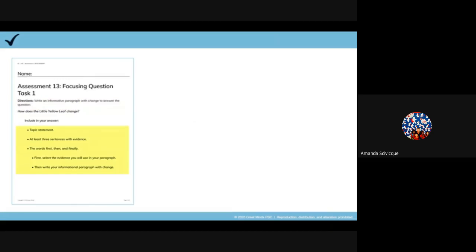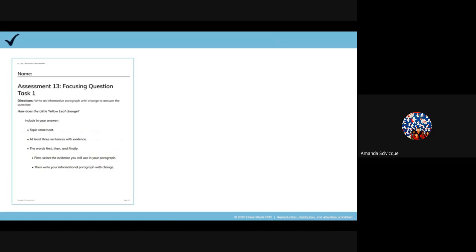It's important to include the following in your answer: a topic statement, at least 3 sentences with evidence, and the words first, then, and finally. First, select the evidence you will use in your paragraph. Then write your informational paragraph and be sure to include change.